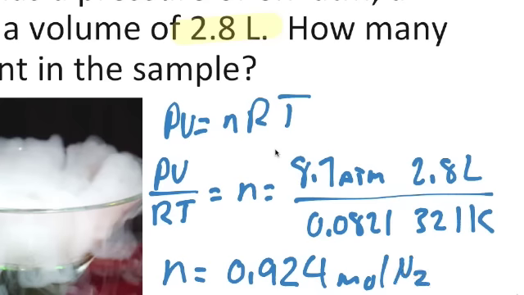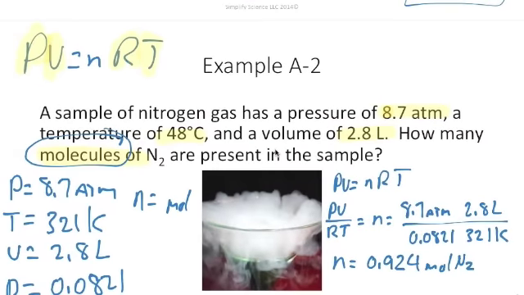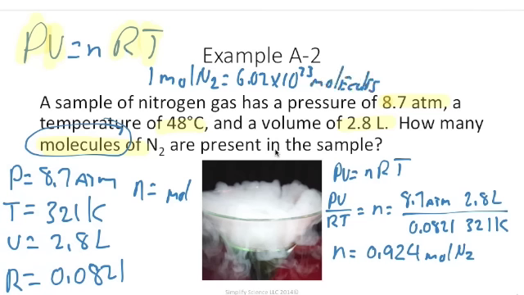So now we have moles. All we have to do is convert it from moles into molecules. To do that, we need to remember that 1 mole of N2 equals 6.02 times 10 to the 23rd molecules of N2.